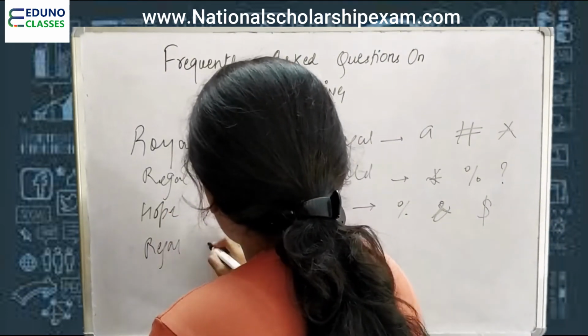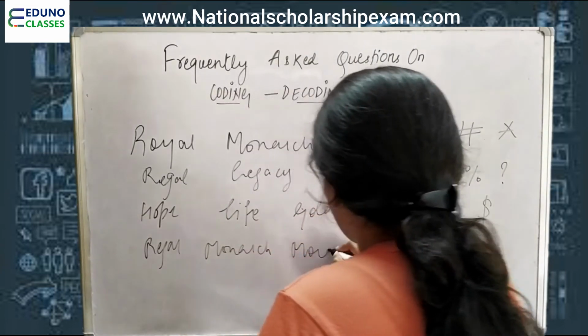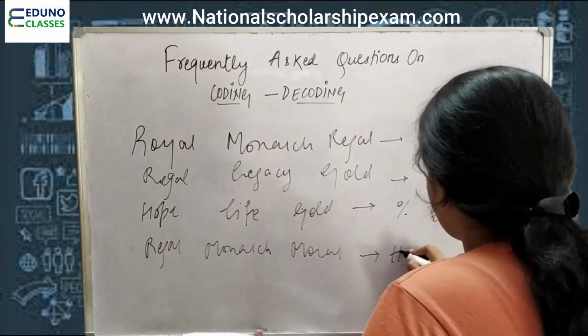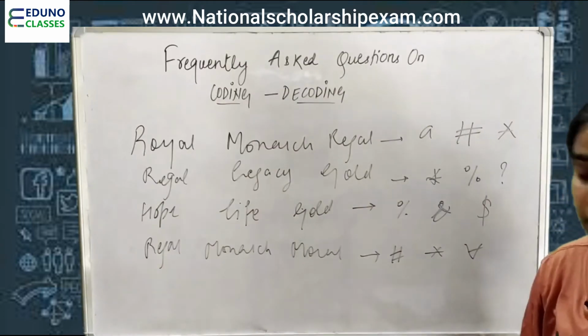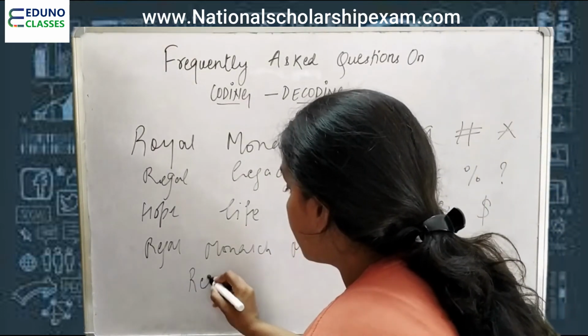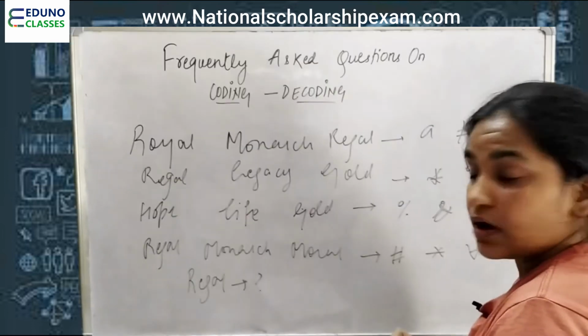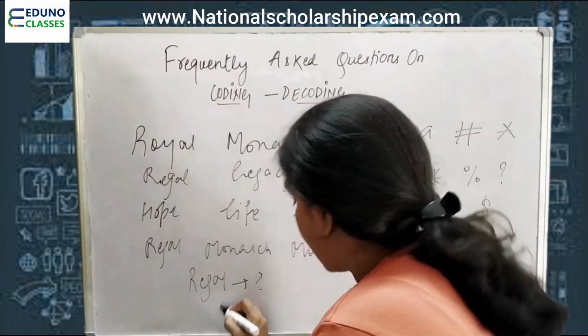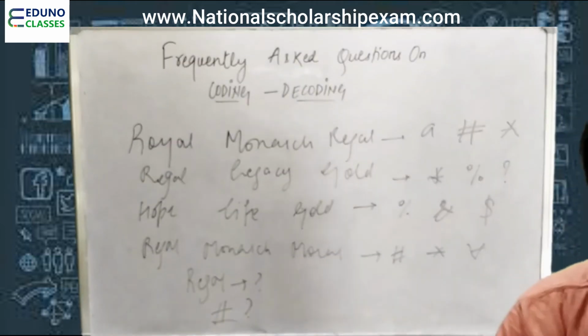Regal Monarch Moral is written as hash asterisk and for all. Okay, so now the question they are asking is what is the code for Regal, and what is hash here. Okay, this is the question they are asking.